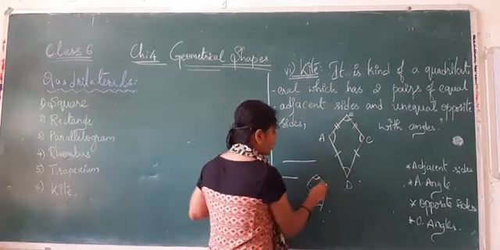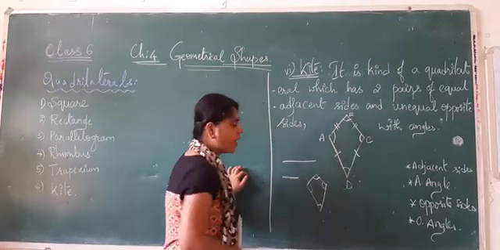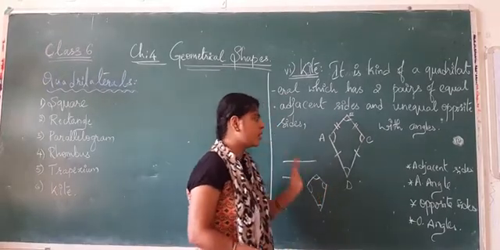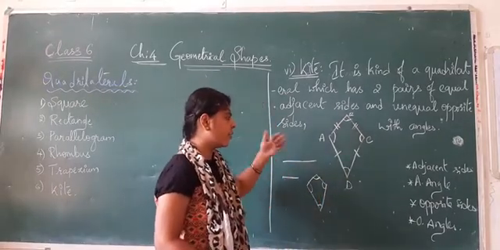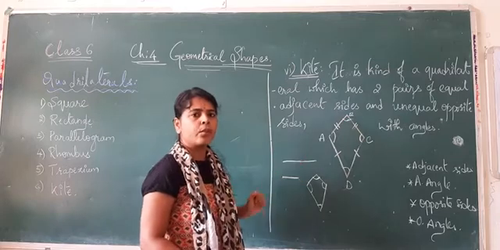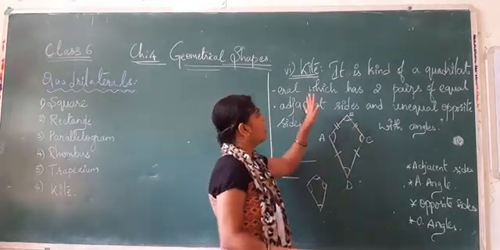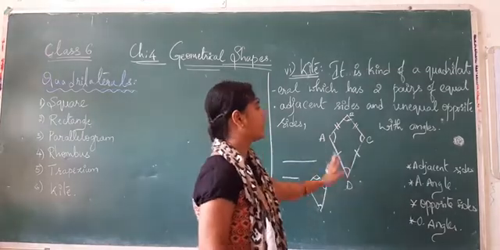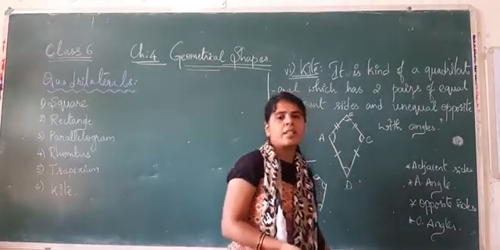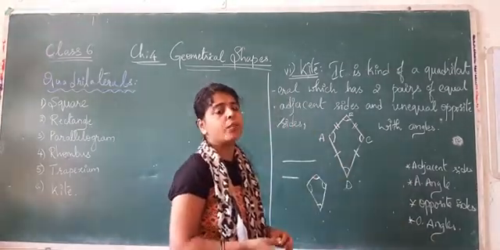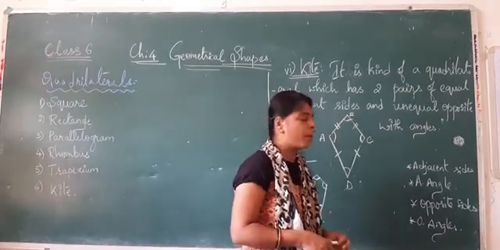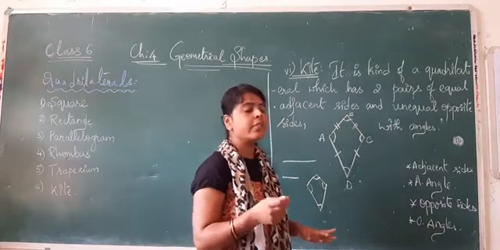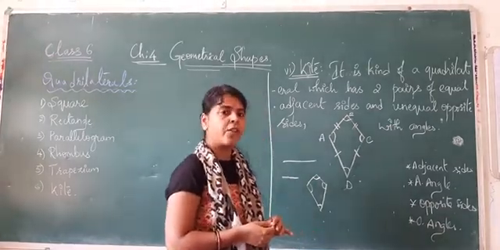Here these two are the same, but the opposite ones are not the same. This is considered in the angles, right? In this way the kite is defined. Also with that, you are learning what adjacent sides, adjacent angles, opposite sides and opposite angles are, right children? Now based on this, as I said, we will learn about the characteristics of quadrilaterals.